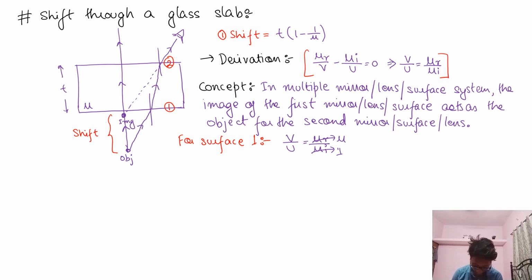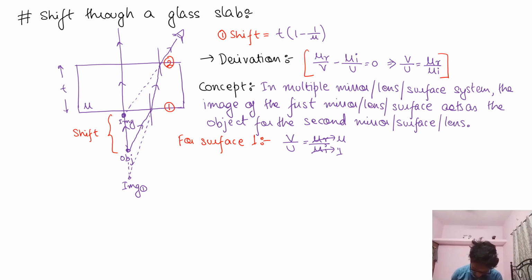Now, the height of the image is C out here. As I am crossing this surface, our observer would be out here, and for this observer, the image would be formed somewhere around here. This is the image due to the first surface.